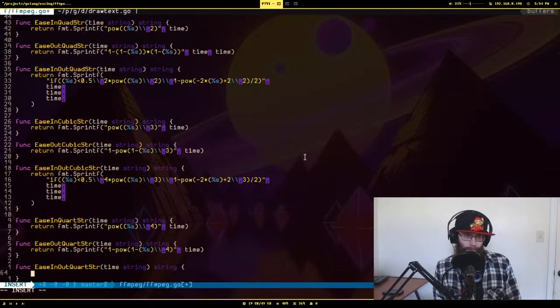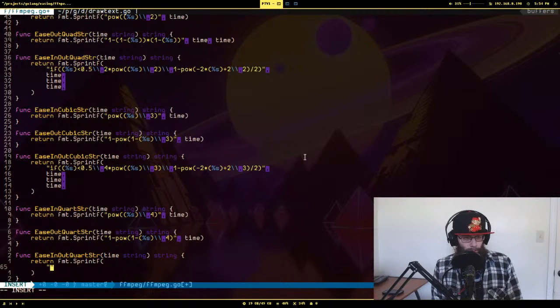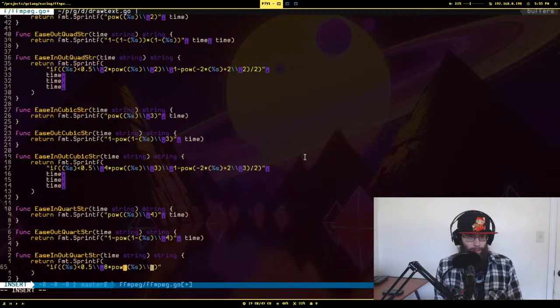Okay. Return FMT as printf, if %s less than 0.5, then it's 8 times pow %s and 4.